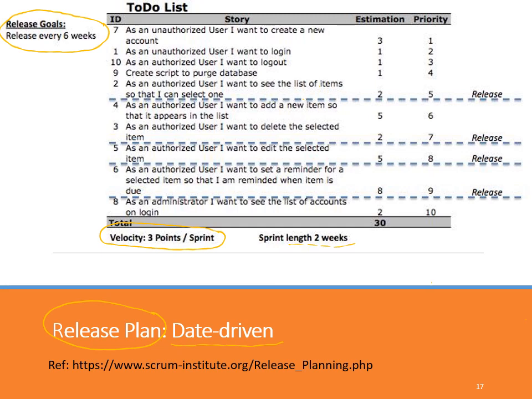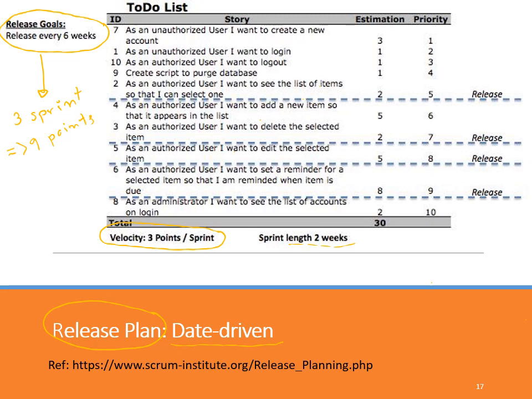So with the sprint length of 2 weeks and release goal every 6 weeks, we know that we are releasing new software after 3 sprints. So every 3 sprints, we release new software. And the 3 sprints mean 9 effort points that we can do, right?